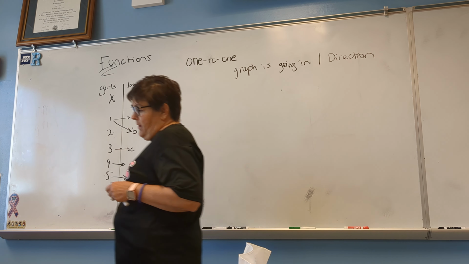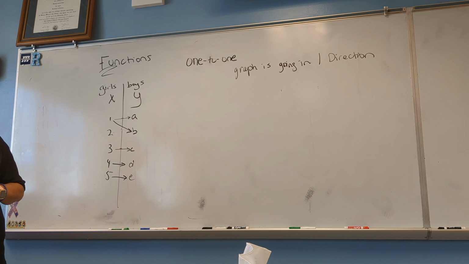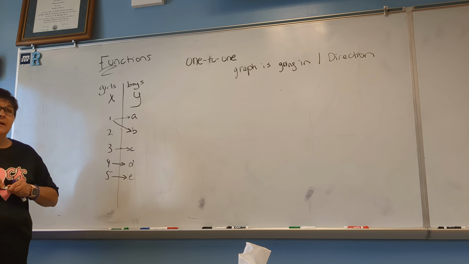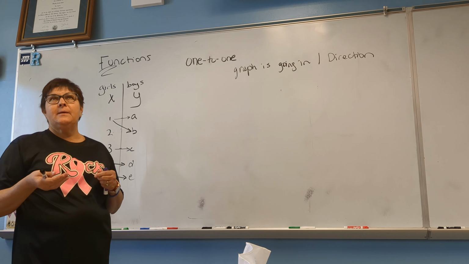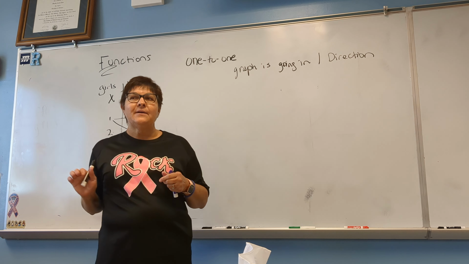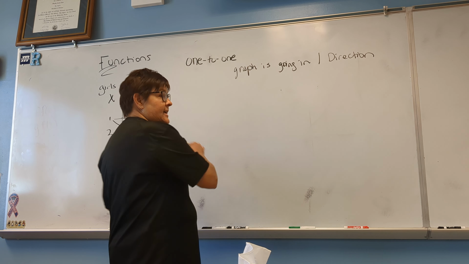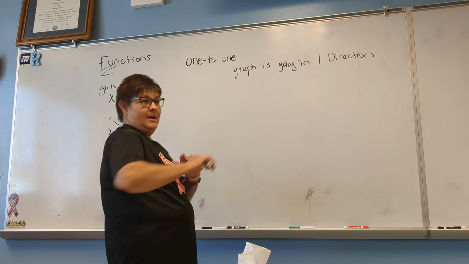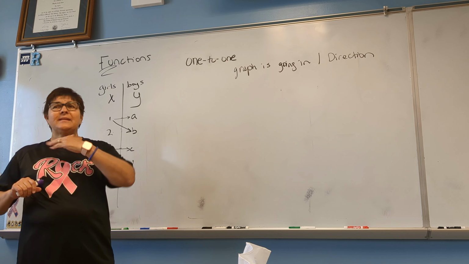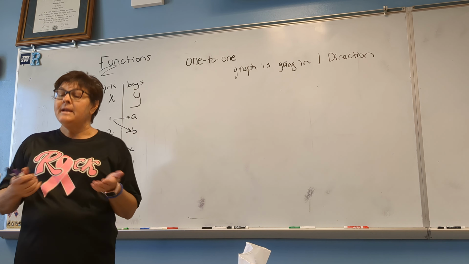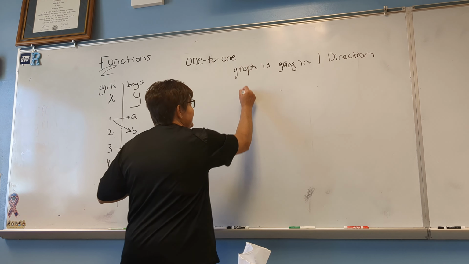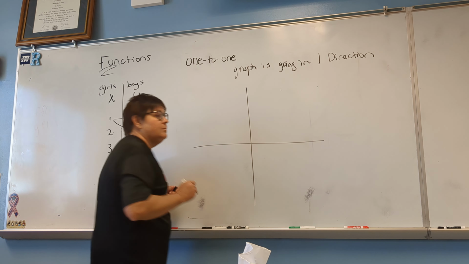When you learn how to read a book, you don't even think about it now, that you read from left to right. You take your eyes to the left and you scan it to the right. Does that make sense? The same thing happens with a graph. If you're reading a graph, you actually are reading it from left to right.